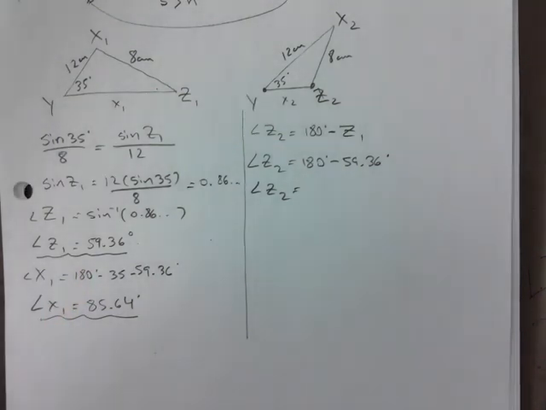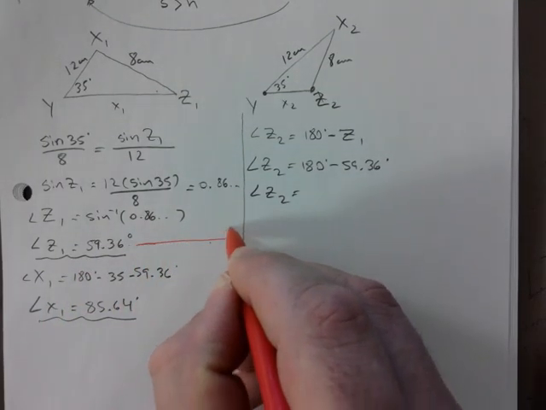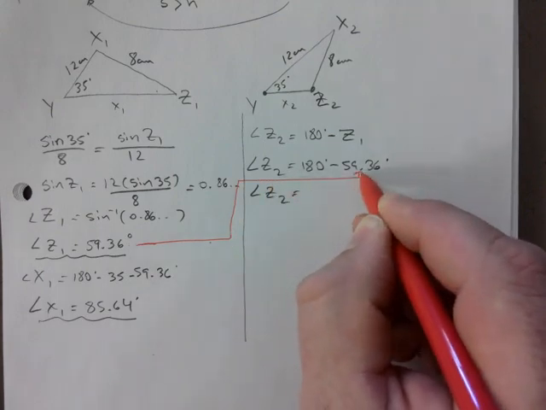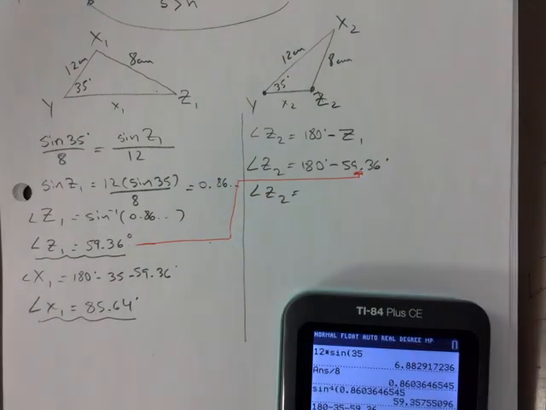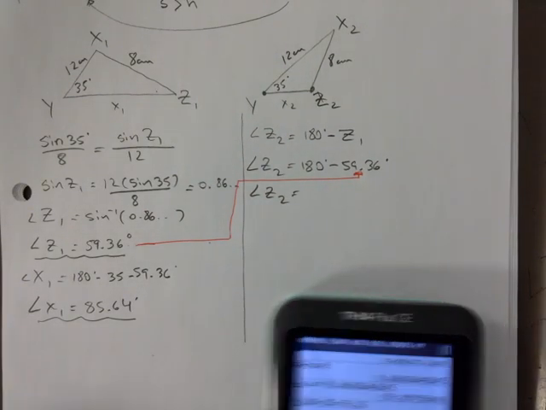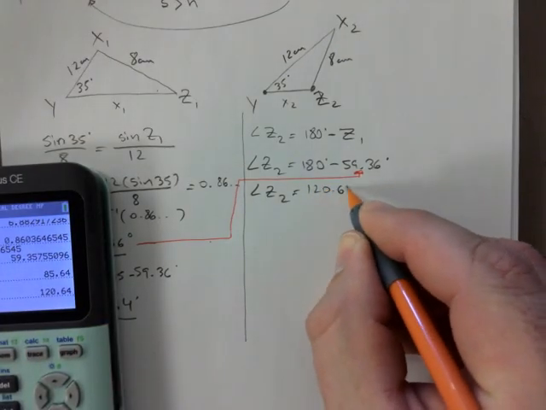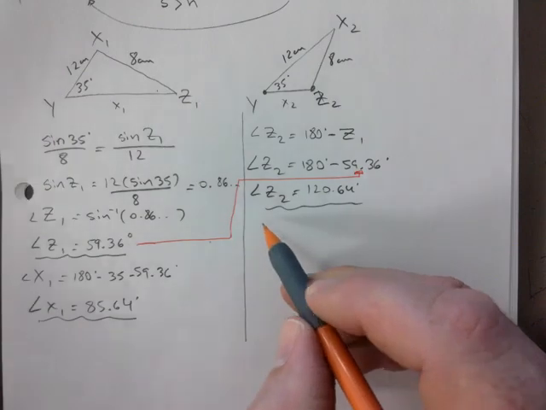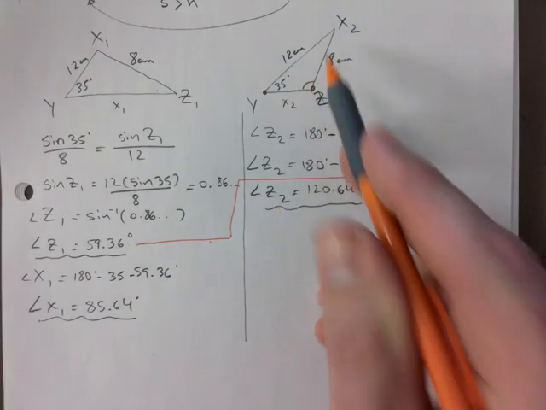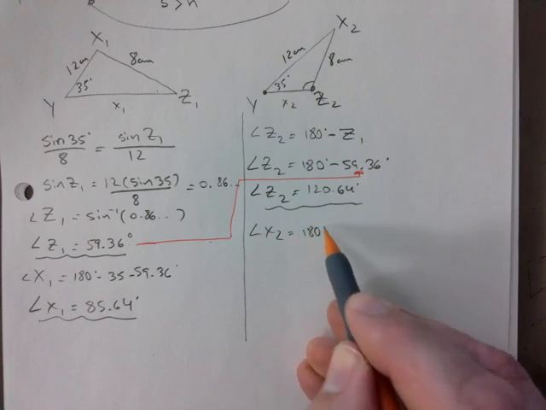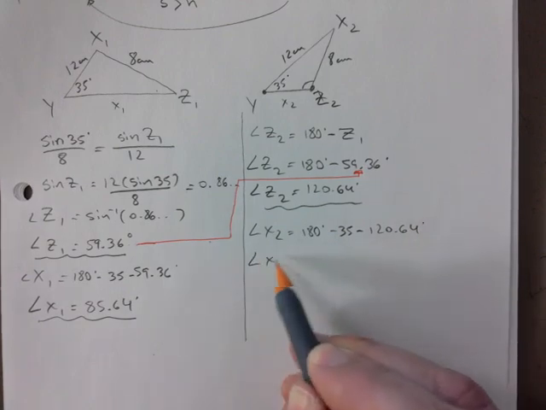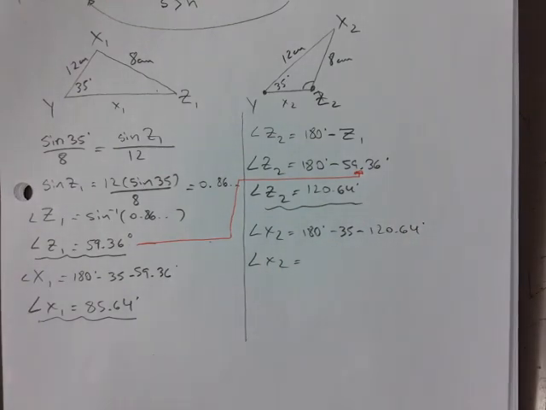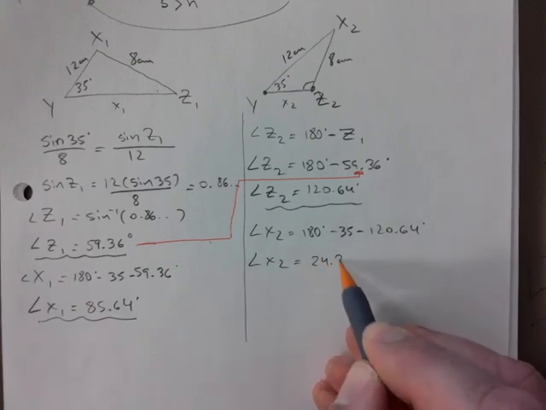I'll use a red pen, it sticks out more. And that is 120.64. Also important. Now that I have this obtuse angle, I can find X2: 180 minus 35 minus 120.64, which is 24.36.